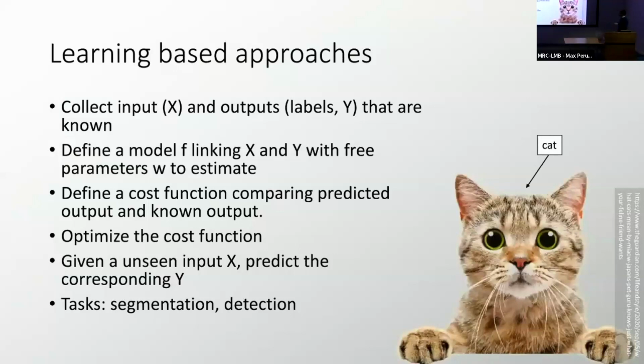Again, we optimize the cost function using gradient descent or stochastic gradient descent, or another approach, which for example SVM uses, with a different minimization function and also algorithm. And then we end up with tasks such as segmentation of objects, detection of objects, or just classification of the whole image.